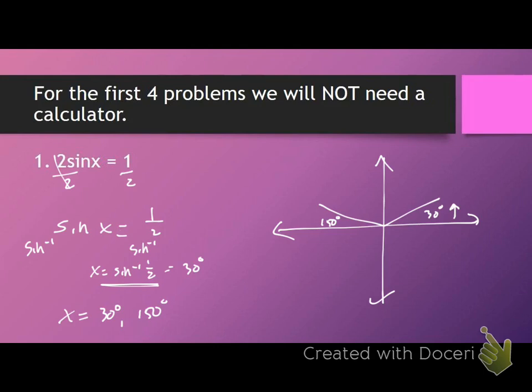And the fact that 150 is another angle where sine is 1/2, that angle is coming off the horizontal as well. It's just the negative x-axis. So the 30 degrees is coming off the horizontal where we're at 0 degrees. The 150 is coming off the horizontal where the angle measure is 180. But they're coming off the same distance. Both of these angles are coming 30 degrees off of that horizontal, right?